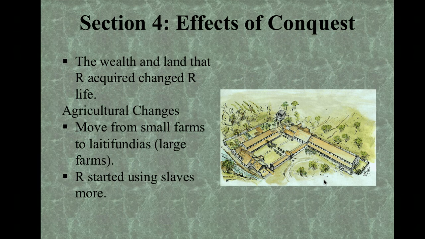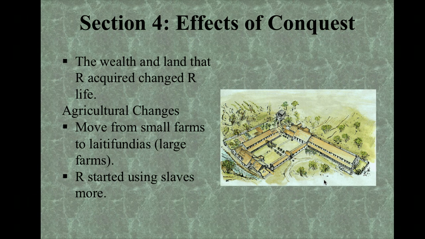In terms of the effects of conquest, there are some pretty serious ones. The wealth and the land that the Romans acquired changed Roman life. One of the big things was the agricultural changes. Once the Romans had been attacked by Hannibal, a lot of the farmland was destroyed, and so really only rich people could fix the farmland afterwards.